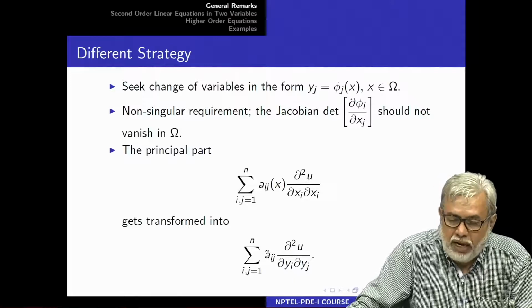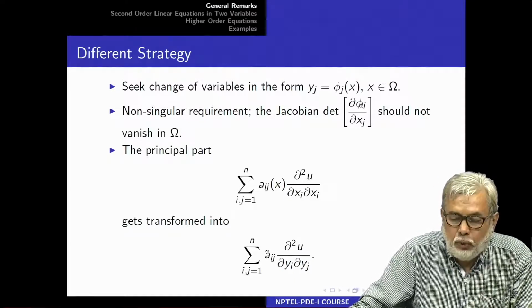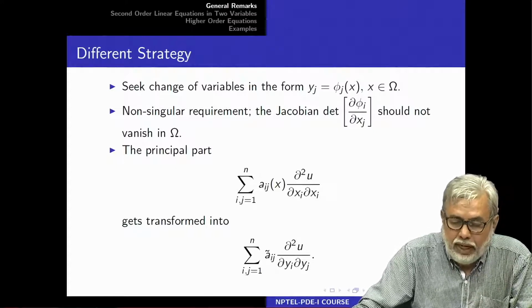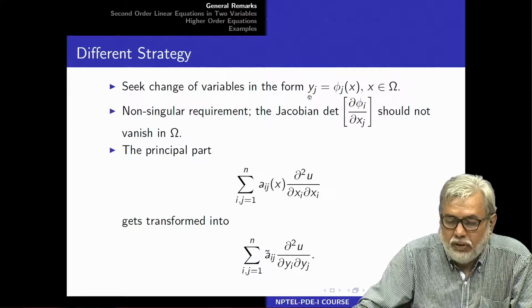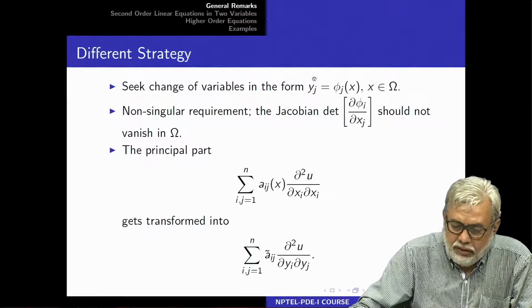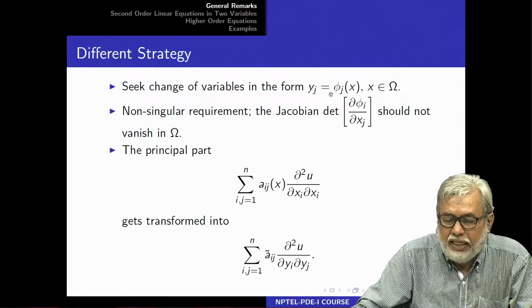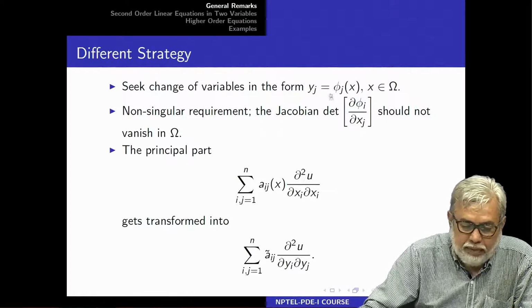It is like a system of algebraic equations you want to solve. Usually you bring it to either diagonal form or at least upper triangular form, so that you can easily solve the given set of algebraic equations. A similar strategy we want to adopt for the PDE.